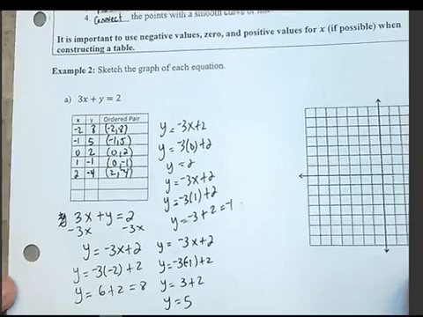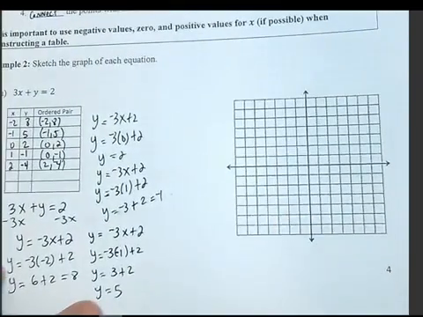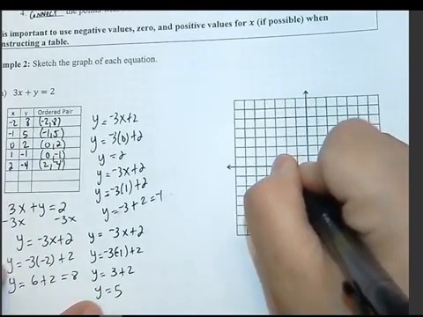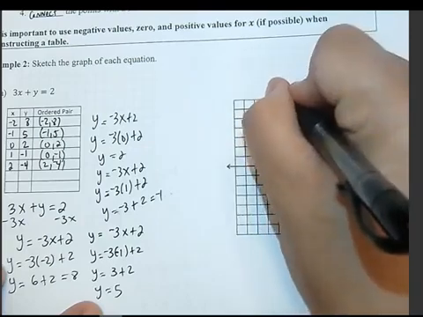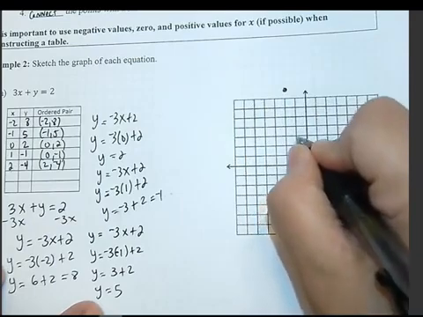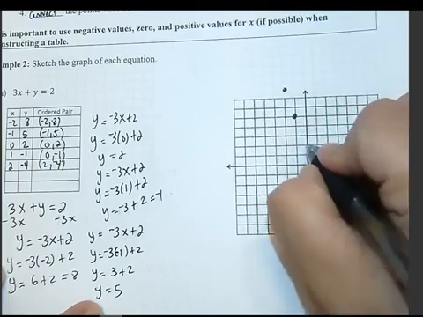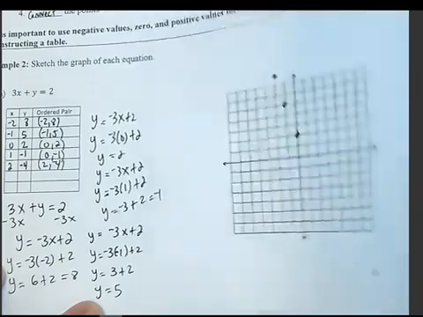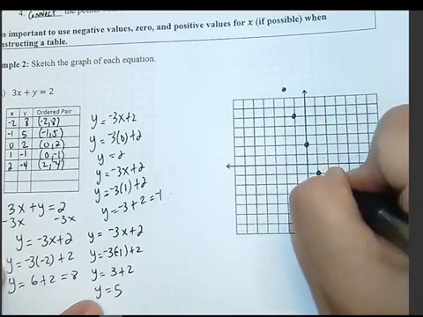So once we have our ordered pairs, we can come to our coordinate plane here and graph these. So x is -2. 1, 2, 3, 4, 5, 6, 7, 8 will be about here. -1 and 5. 0 and 2. 1 and -1. And 2 and -4.